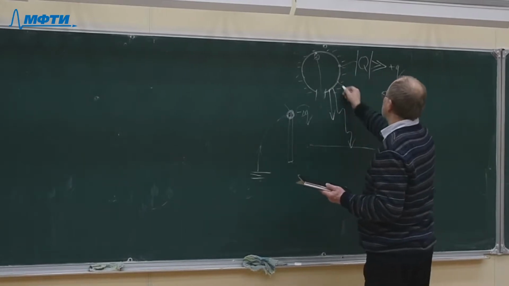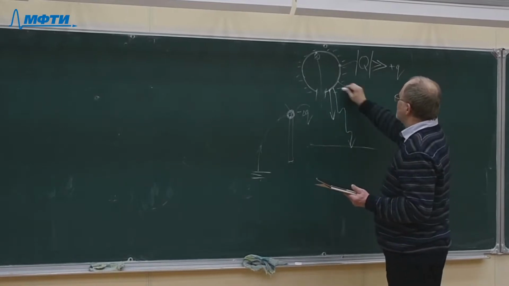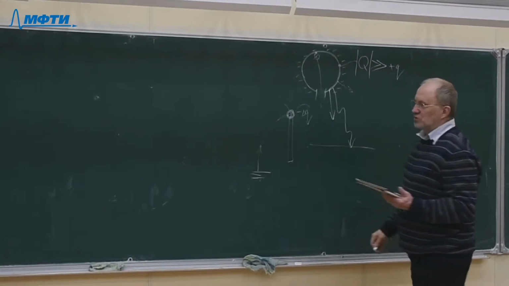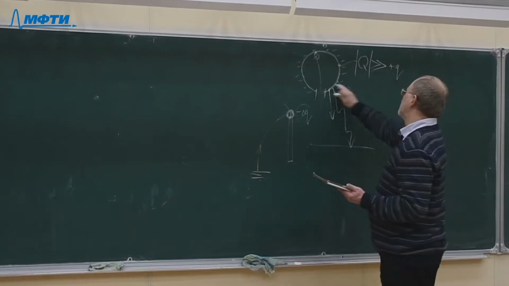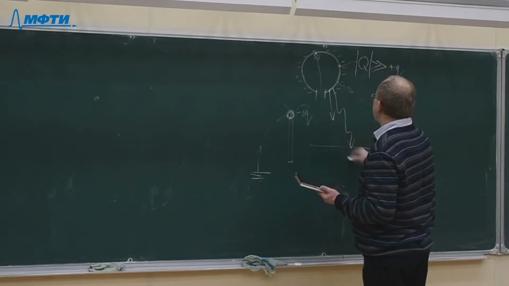Some charges will accelerate and they will ionize the air, the molecules of air, and the ionized air is a good conductor, and the good conductor will conduct the current, and this will be like a lightning, like a spark.